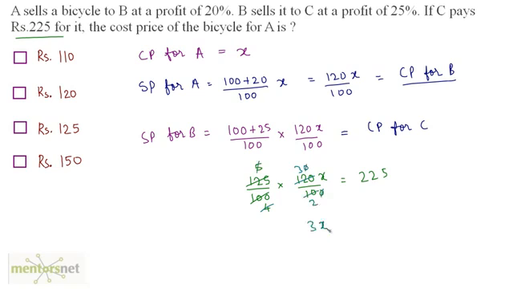So 3X by 2 is equal to 225. Therefore X is equal to 225 times 2 by 3. 3 times 75 is 225. Therefore X is equal to 75 times 2, which is 150. So we have our answer, option C, which is the cost price for A.